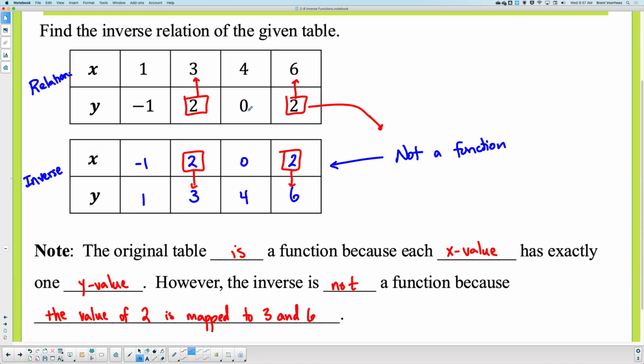Therefore, using this as the domain and this as the range, each member of the range does not have one and only one member of the domain. Or if you just tested the inverse using the Algebra 1 test, you'd say it's not a function because each x, the 2's, do not have one and only one y value.